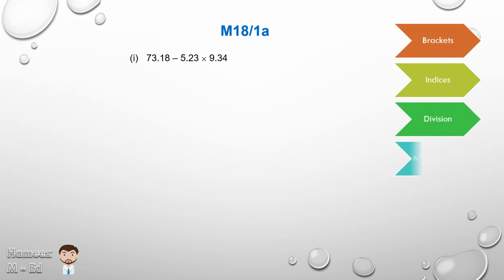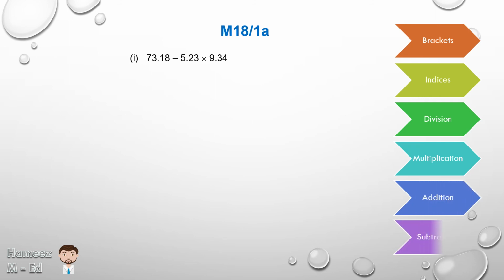Since we have subtraction and multiplication, multiplication comes before subtraction using BIDMAS, BOMDAS, BODMAS, any version of those. We can see that multiply comes first. So if we multiply 5.23 times 9.34, that will give us 73.18 minus 48.8482. Now we use our calculator and subtract, we get 24.3318.